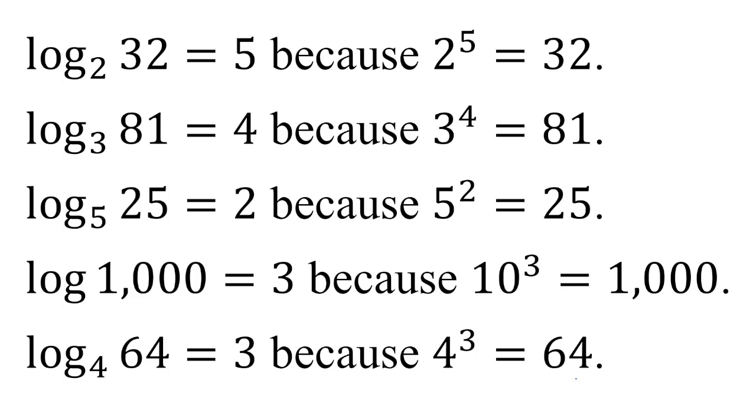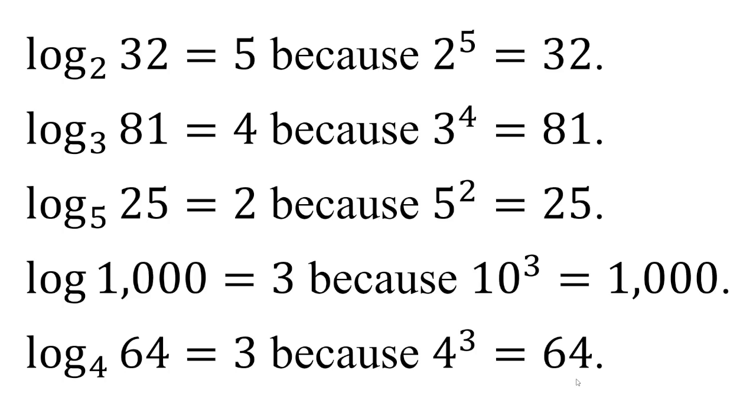Log base 5 of 25 is 2 because 5 squared is 25. Log 1000, and notice it doesn't have a base there. That means the base is really 10. So it's really log base 10 of 1000. Log of 1000 is 3 because 10 to the 3rd is 1000.